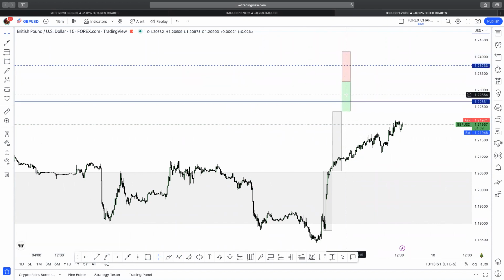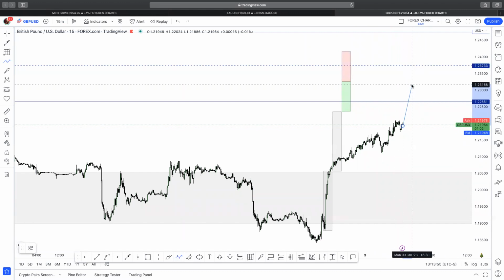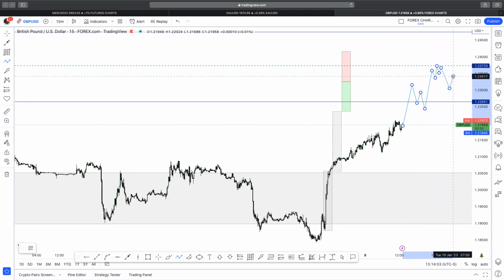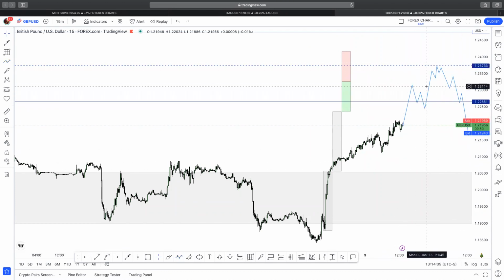So, right, in this range, it'll create a new premium and discount. So that we get into this range, if they do something like this and then run a stop, they can get into the premium and give us a full-on market maker sell model. This is the kind of thing that happens in gaps, right? If bullish, bullish, bullish, get into the premium of the new range that they're anticipating.